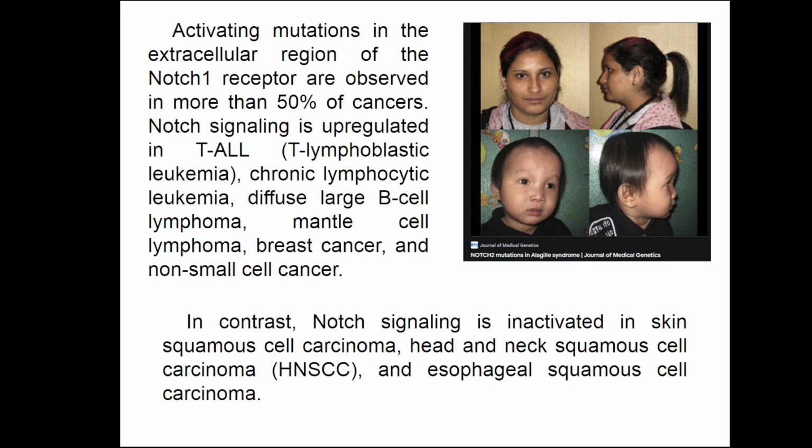But also, as a contrast, Notch signaling may be inactivated. There may also be a mutation which will not activate, which will block. For example, in carcinoma it happens in skin squamous cell, head and neck squamous cell, and esophageal squamous cell carcinoma. Again, we speak about mutations that make activation or inactivation, and they happen in special cells and give special disease.